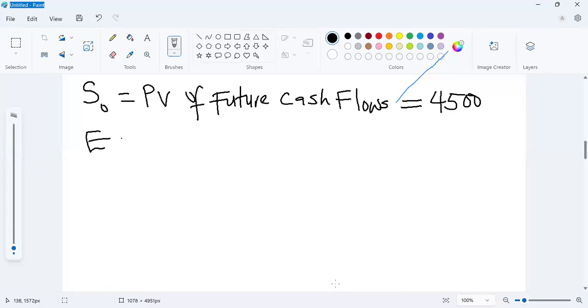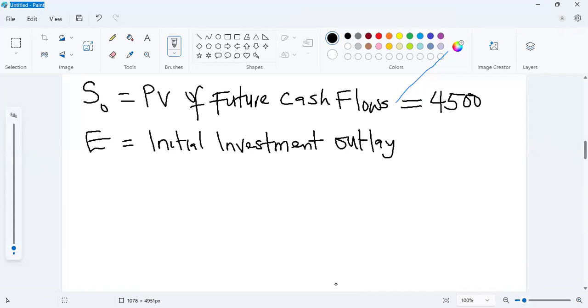Next E, initial investment outlay. What is the initial investment outlay? Are we giving in the question?